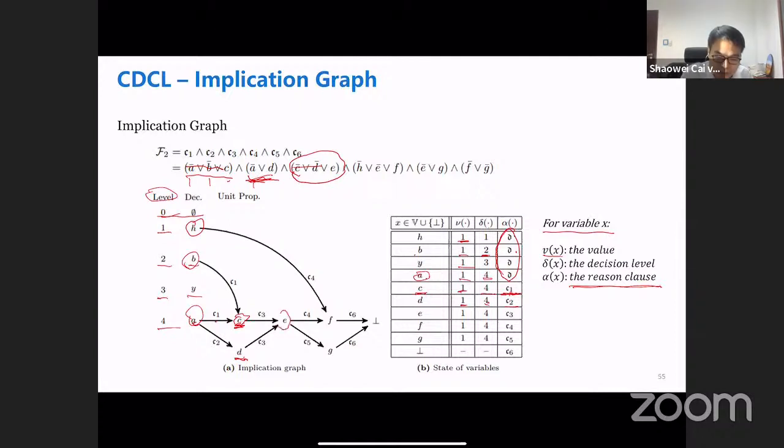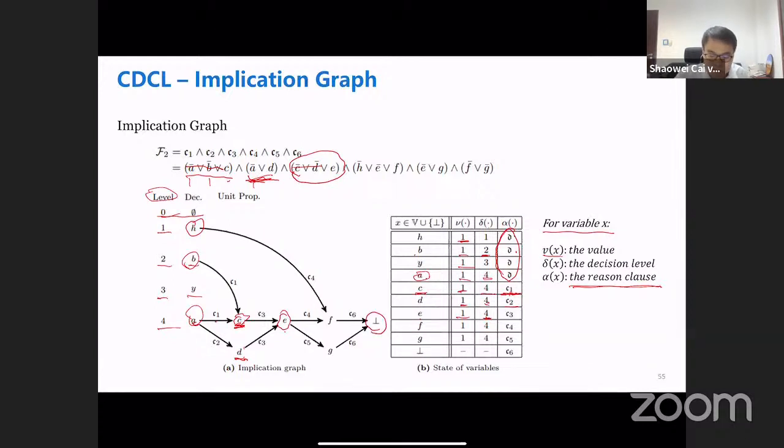So this implies that variable E must be 1. Then the decision level of variable E is still level 4, because both C and D are at decision level 4. We continue to do this until we get the conflict.